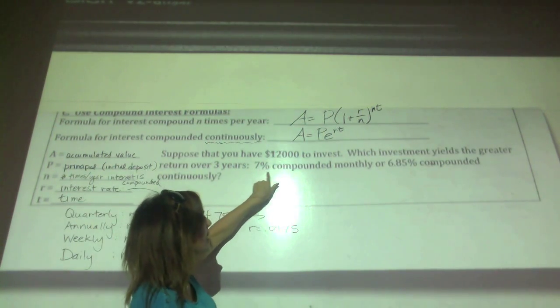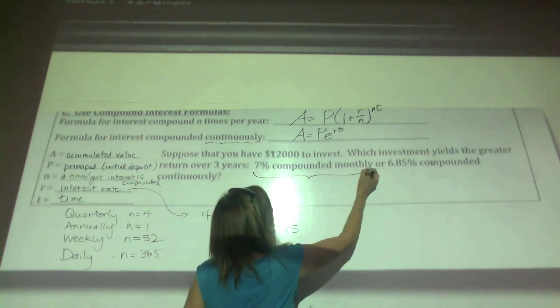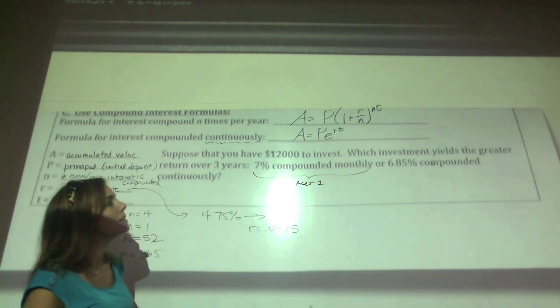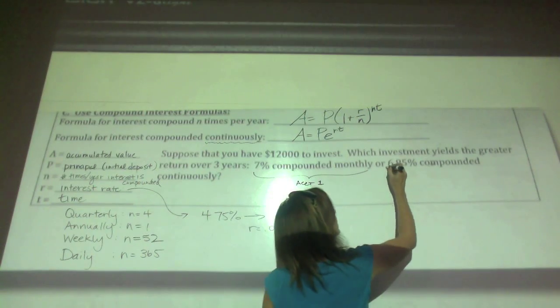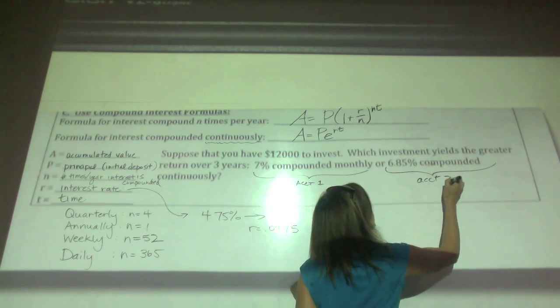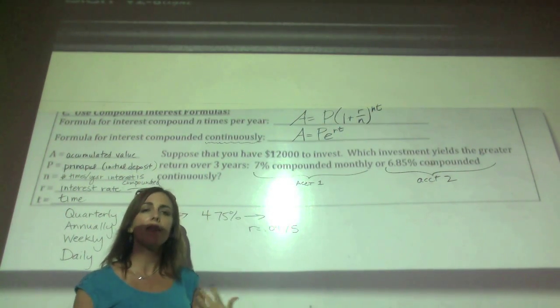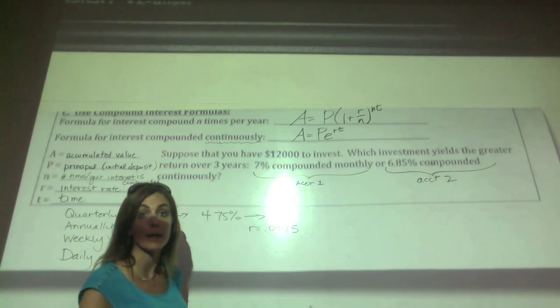Account 1 is 7% compounded monthly, or account 2 is 6.85% compounded continuously. I need to make this calculation, compare the two, and decide which one is going to give me the most money.